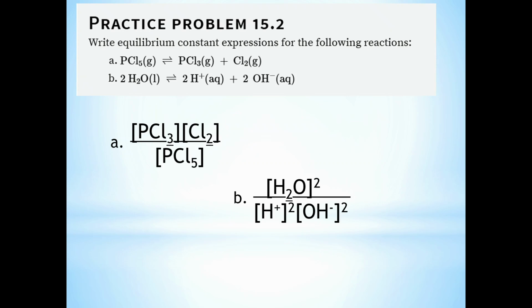So H2O squared, 2H plus, OH minus, both of those squared. Now, in reality, that is an incorrect equilibrium constant. We'll explain why later. But for now, we're just doing products over reactants.